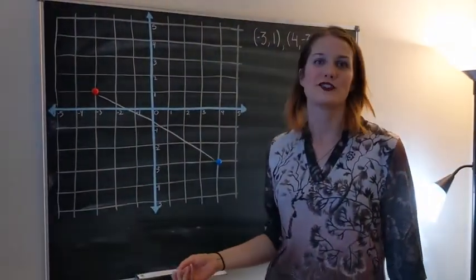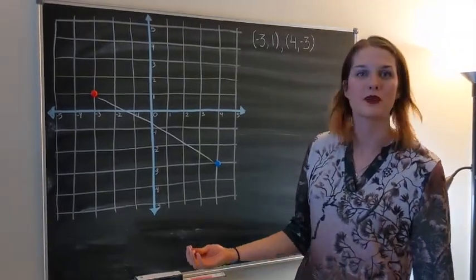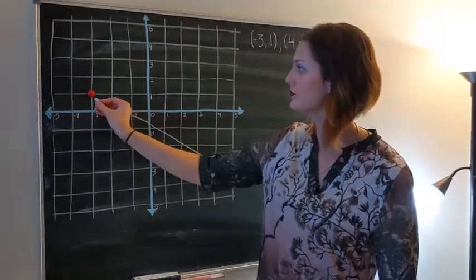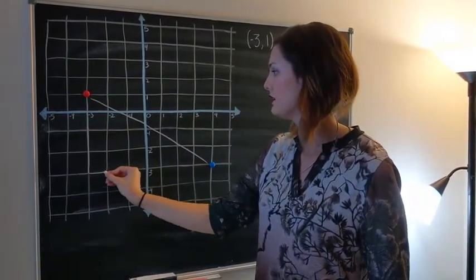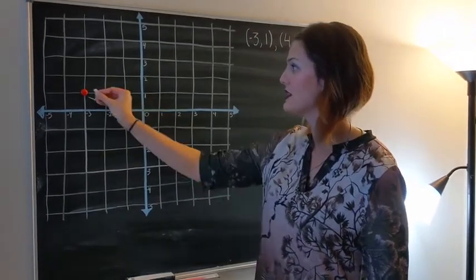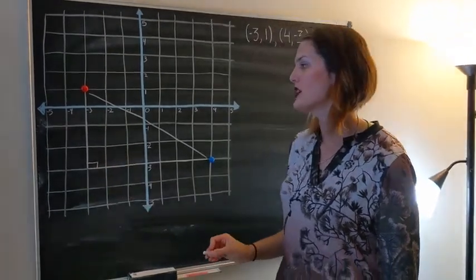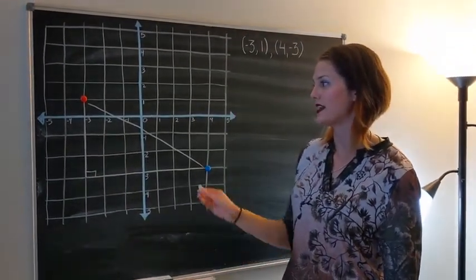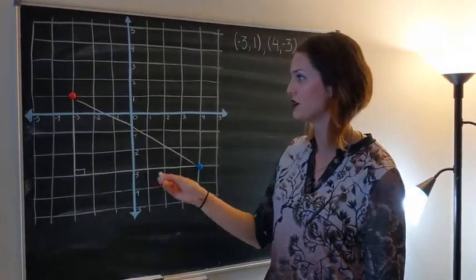And the answer is to use a tool that is really familiar to us from previous math courses, the Pythagorean theorem. If we draw a right triangle whose hypotenuse is the line whose length we want to find, then we can use the Pythagorean theorem to find that length, just given the length of the legs of this right triangle.